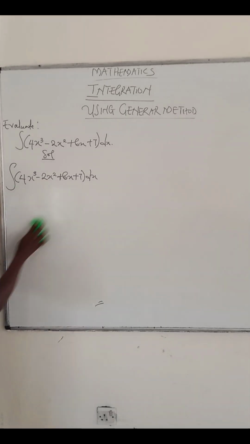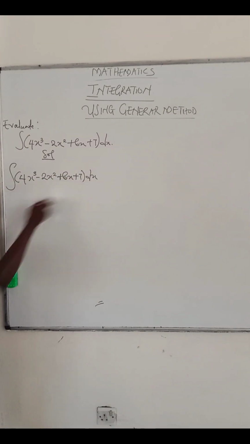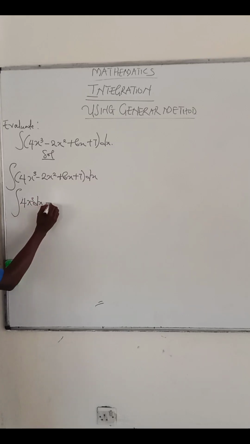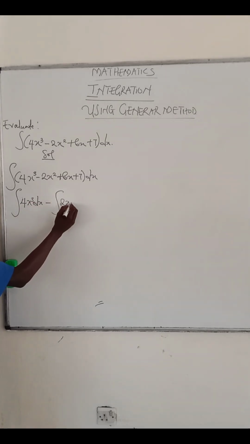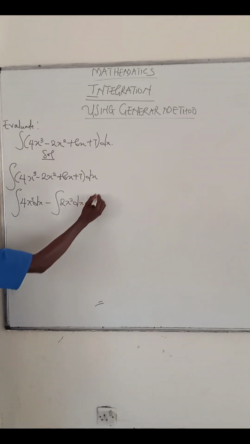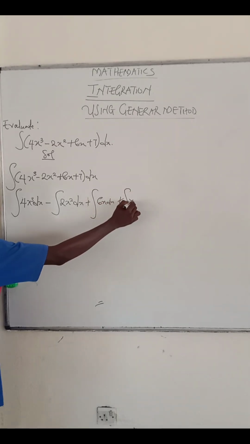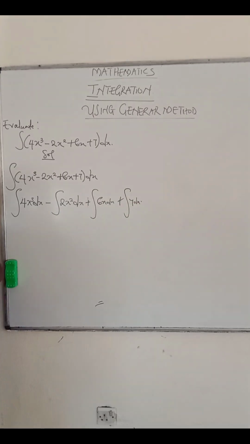So before you take the constant out, you have to split it. Once you split it, what are you going to get? The s is multiplying everything that is there. So you are going to have the integral of 4s cubed ds, minus the integral of 2s squared ds, plus the integral of 6s ds, plus the integral of 7 ds.